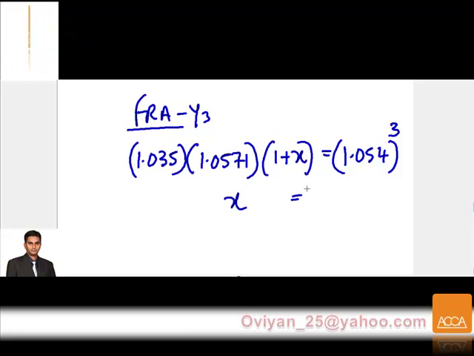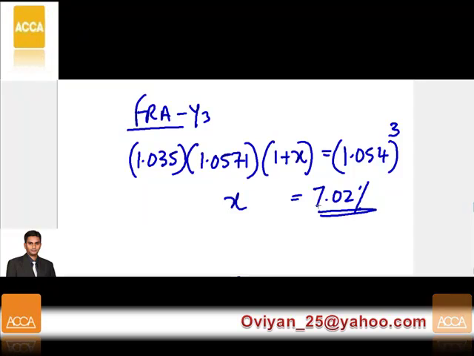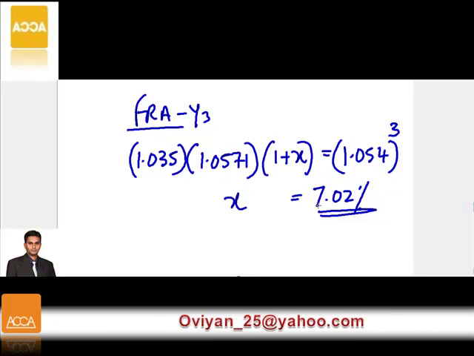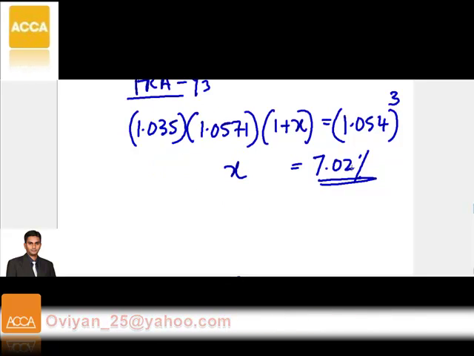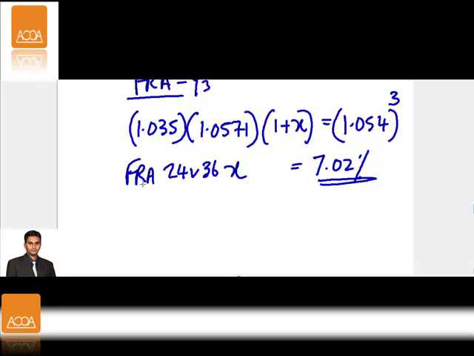Solving it, you're going to get around 7.02%. So 7.02% is going to be the FRA rate for year 3. In other words, FRA for year 3 meaning 24 versus 36. Get it?